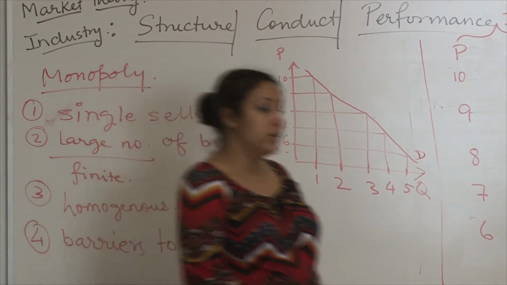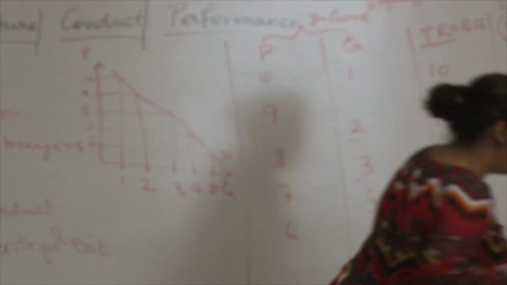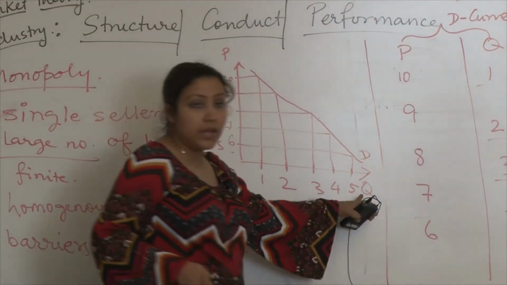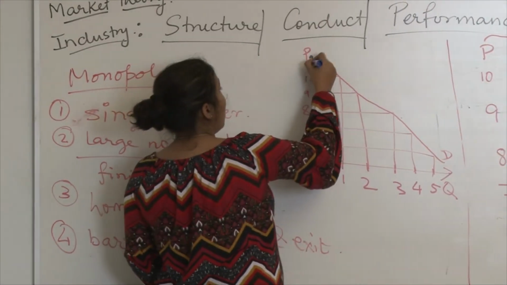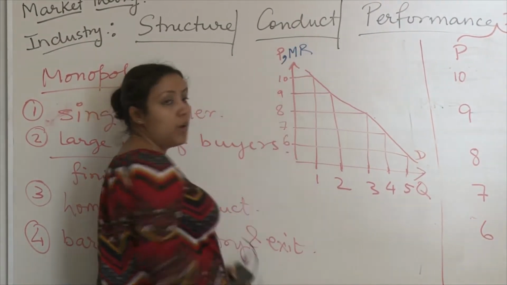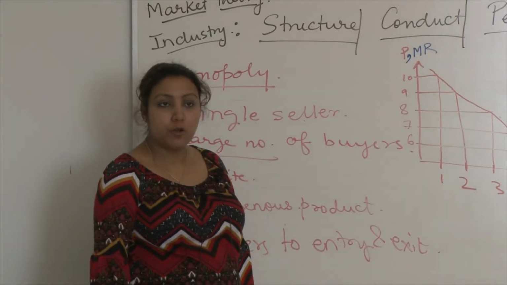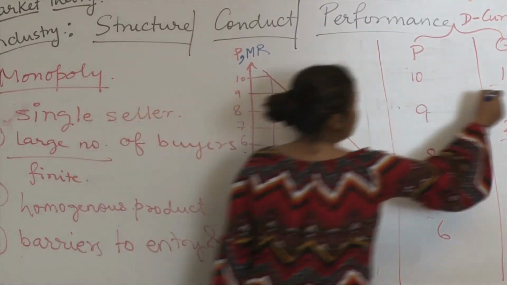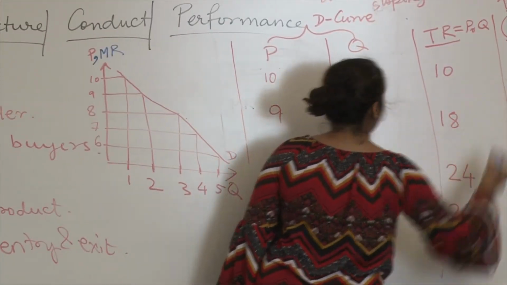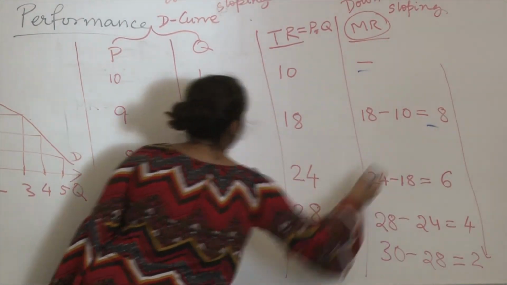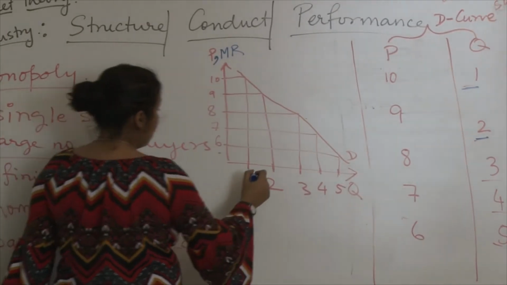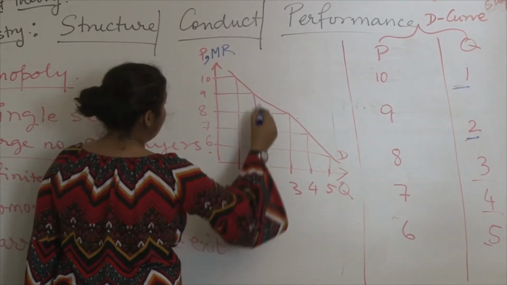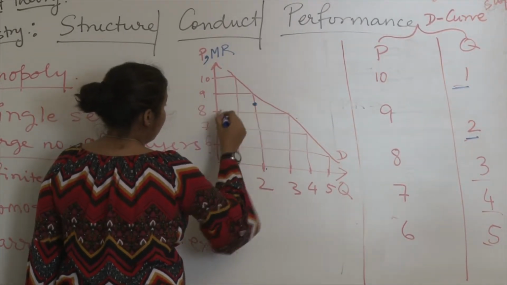Will you agree? And similarly, if I still had the quantity on the x-axis, but I was plotting the marginal revenue on the y-axis, then the marginal revenue for the first unit is kind of 0. For the second unit, it is 8, so it will be somewhere here.